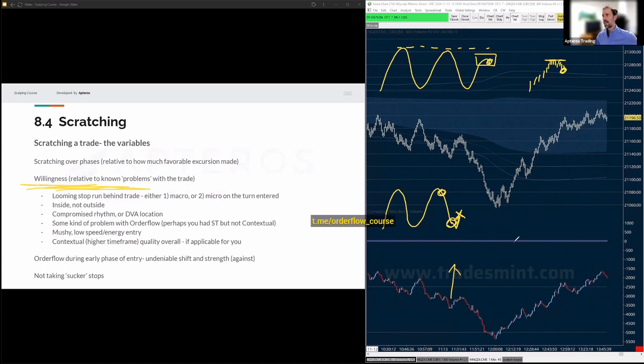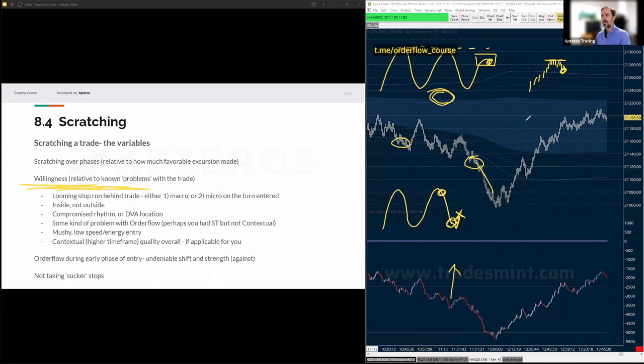What about DVA location? What about you're getting short some kind of little move, in one of these areas. Obviously, it would have worked right here or whatever, but you're getting short at a lower extreme, or you're getting long into the upper extreme of DVA, right? That's a compromised trade location with the DVA framework. Our job is to fade extremes or go with imbalance.